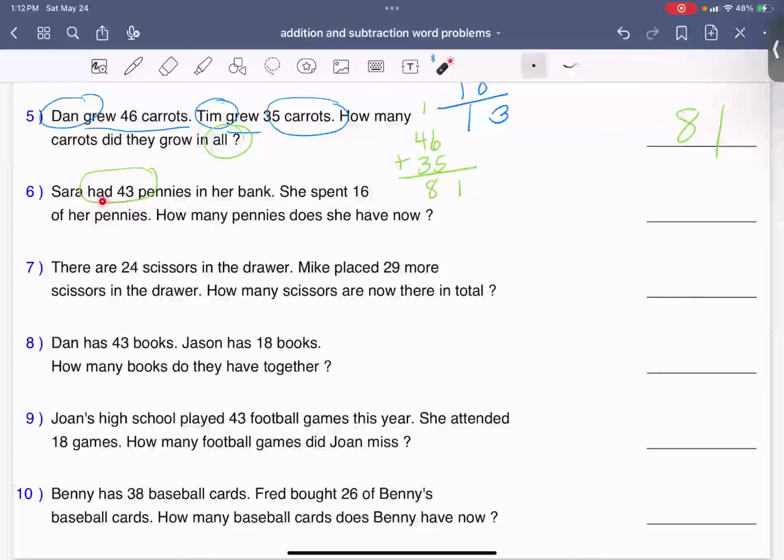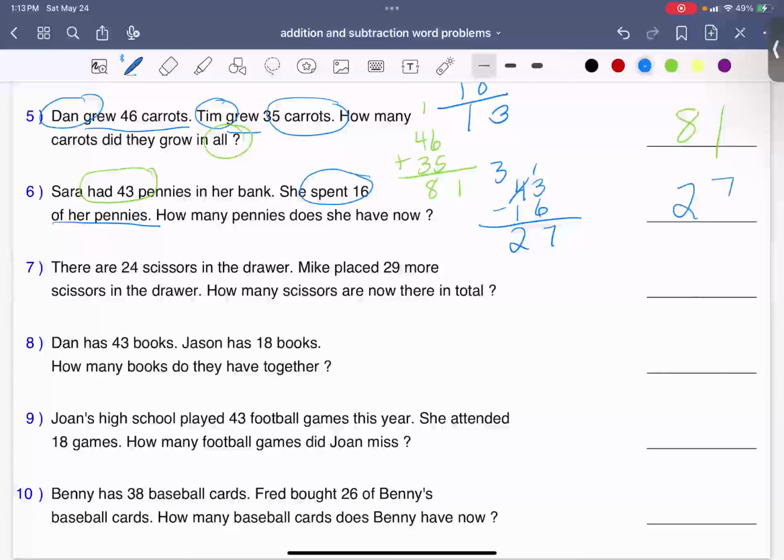She doesn't have it anymore because she spent 16 of her pennies. So she gave pennies away. So not having means subtraction. How many pennies does she have now? So 43 minus 16 is equal to 27.